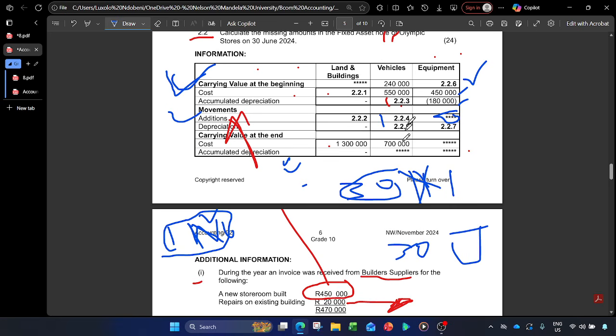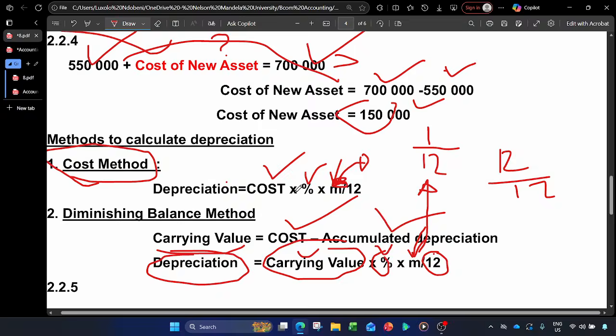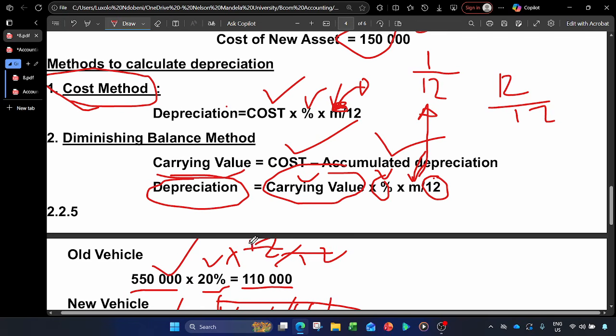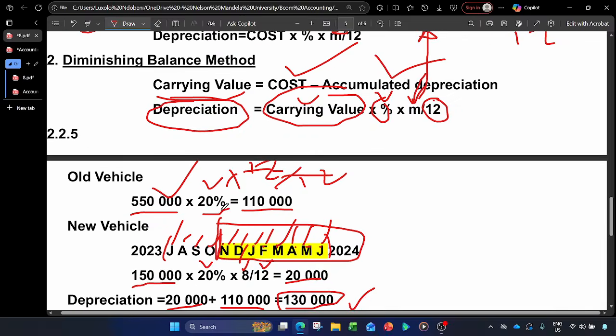Firstly, remember at the beginning of the year there was equipment costing 450,000. So that means we also have to depreciate the asset that was available from the beginning until the end, and the asset that was available from 31st of December until the end, right? So let's start with the old vehicle. So not old vehicle, old equipment, right?